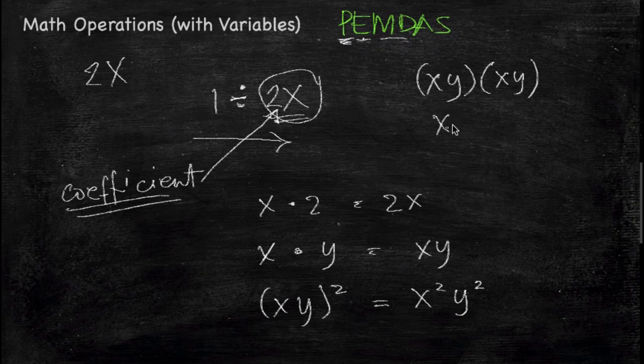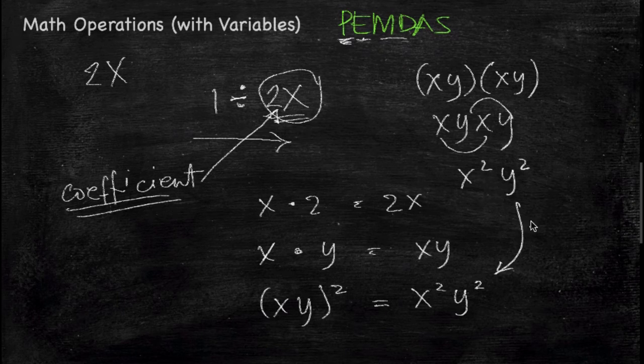And in the end, it's x, y, x, y. So, x squared, y squared. They're just the same, because it's multiplication. Na hindi mo pwedeng gawin yun kung x plus y squared.